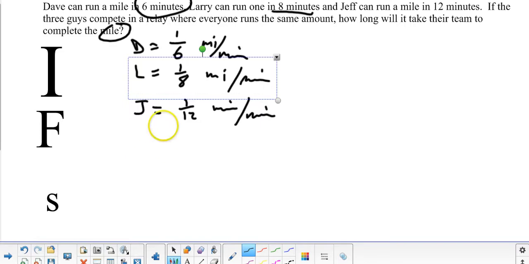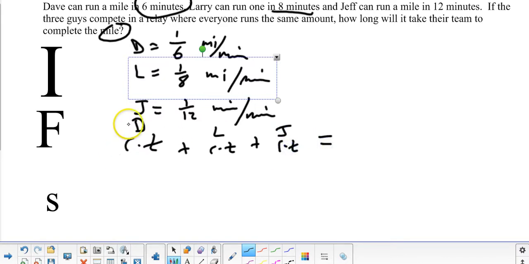And if we add each of their rate times time, right? So this is Dave's rate times time, plus Larry's rate times time, plus Jeff's rate times time. This would be each of their distances that they run.